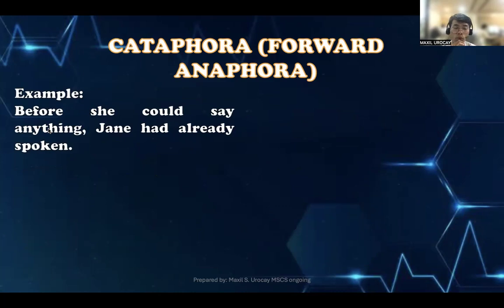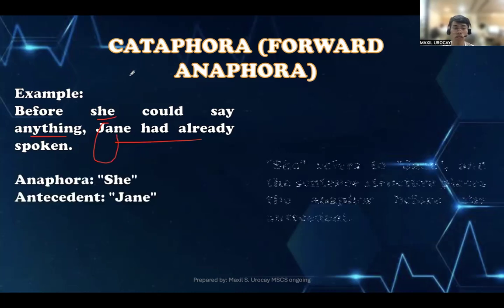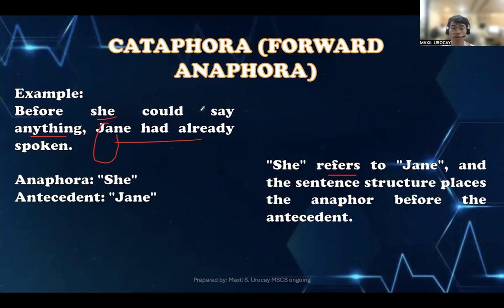Before she could say anything, Jane had already spoken. So our anaphora will be she, and that is referring to Jane. She refers to Jane, and the sentence structure places the anaphora before the antecedent, and that is really good. Why is cataphora important then?